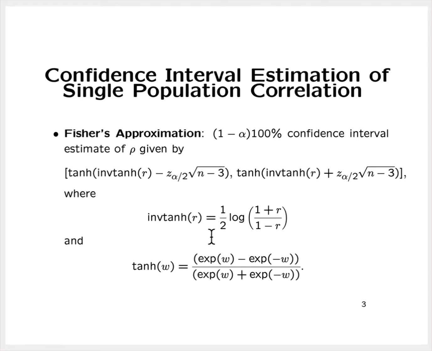So the inverse hyperbolic tangent function is given in the middle of slide 3. And you can see here that it involves the natural log function. All right, so just want to point out to you that in my notes, when you see log, that is the natural log function. And then the hyperbolic tangent function is given by this expression at the bottom of slide 3.